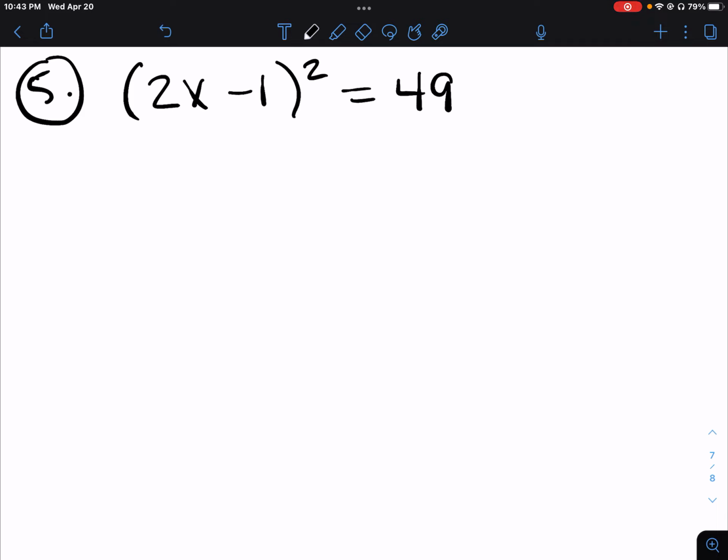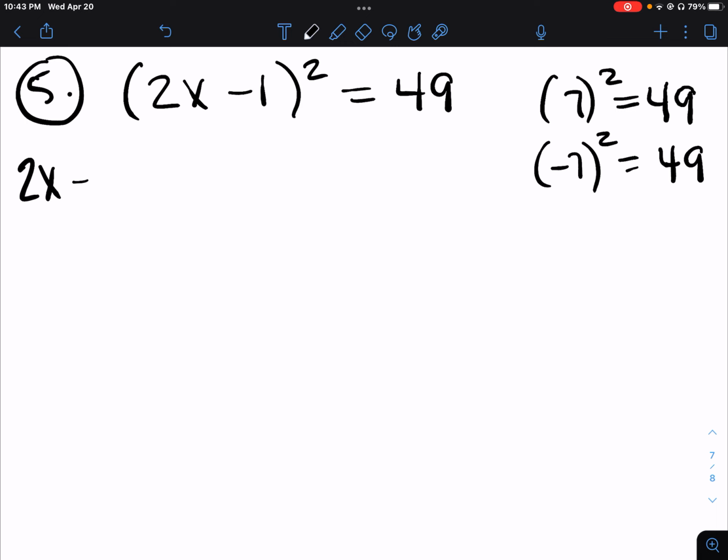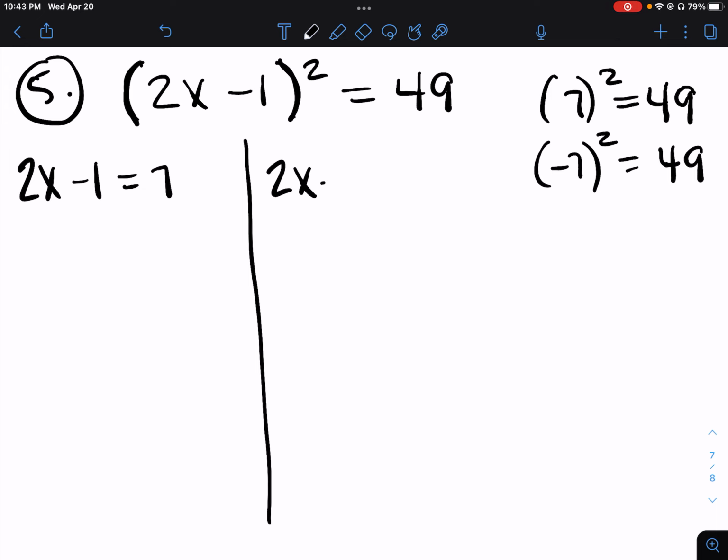Okay, if something squared equals 49, something has to either be 7 or negative 7. Okay, so that means what's inside has to work out to be 7 or negative 7, because both of those squared equal positive 49.